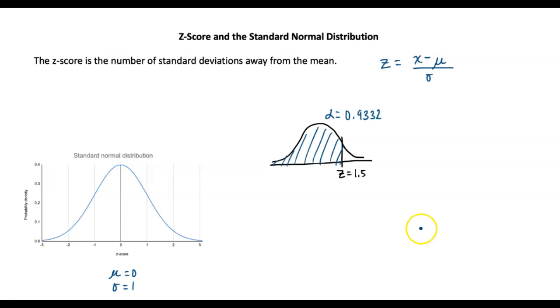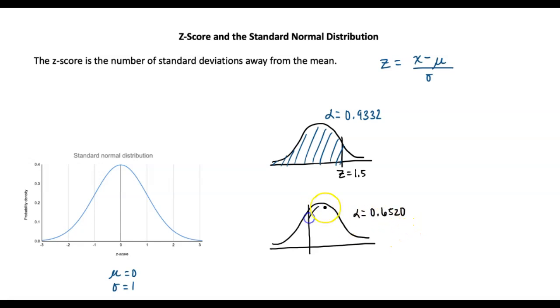Now, what about the other way around? What if I am told, for example, that the area to the right of a given value is equal to, let's see, 0.6520.